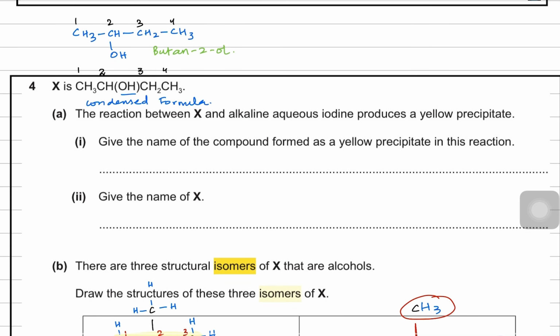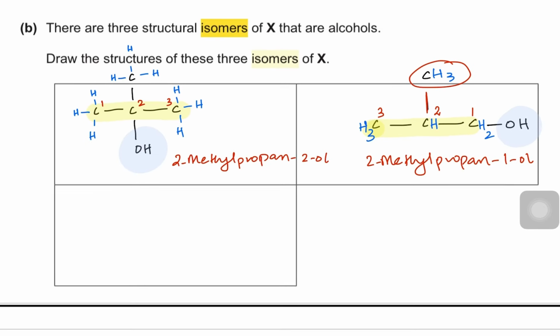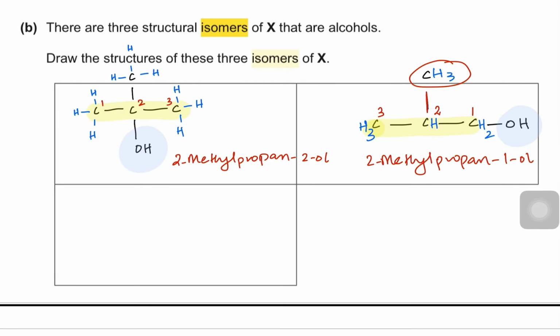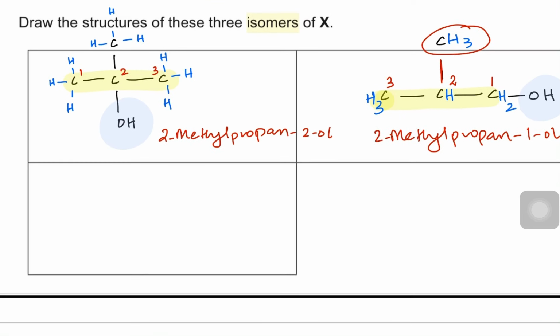Sir, you can keep the main chain of 4 carbons, don't make a branch, and just move the position of OH from carbon 2 towards carbon 1. So don't make a branch, keep your 4 carbon chain, and put the OH on first carbon.